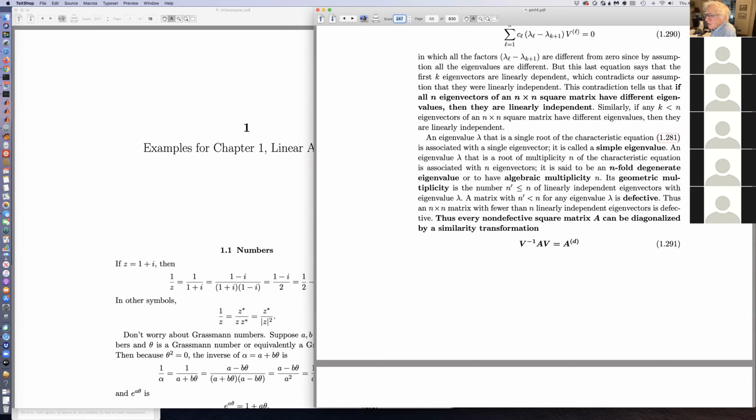Another question, is there an advantage to working with linearly independent vectors? Yeah, clearly, if you have two vectors that are linearly dependent, then they're proportional to each other, and you don't need both of them.